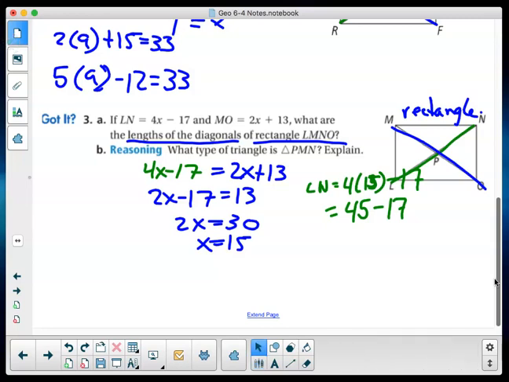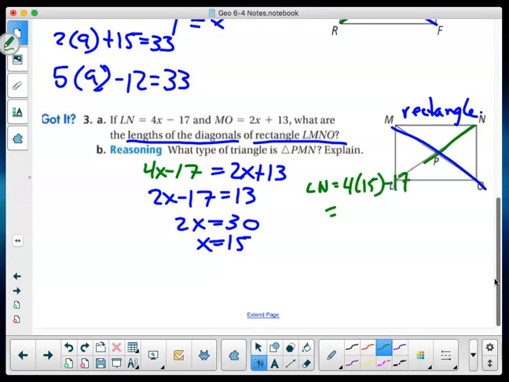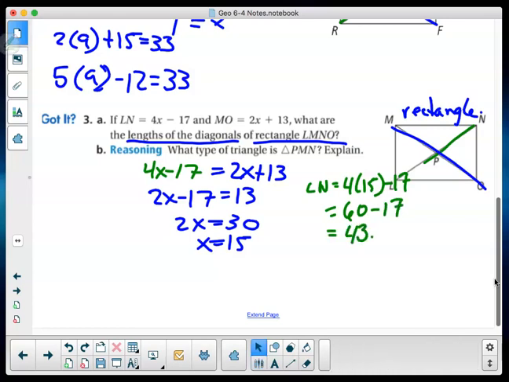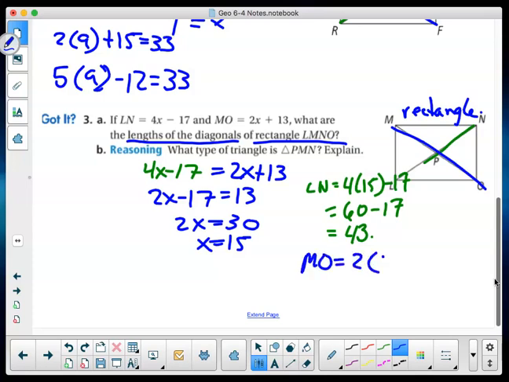Excuse me, that should be 60 minus 17, which gives me 43. Now I get to double check my work, because MO is equal to 2 times 15 plus 13, and that is also 43. So the lengths of my diagonals are both 43.